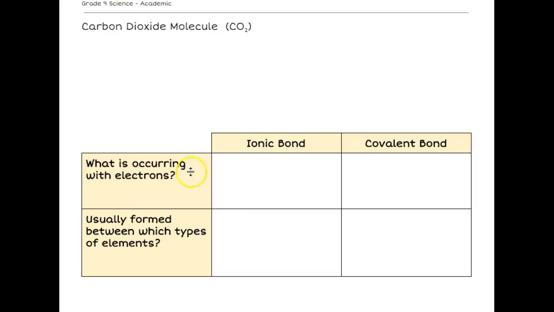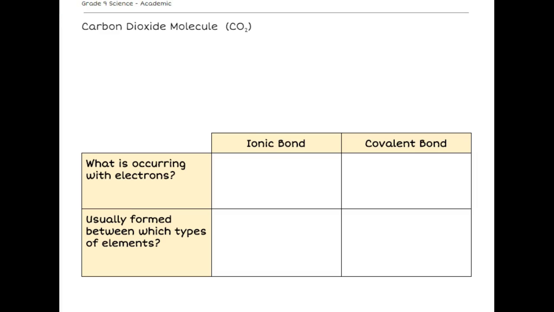Once you've done that, just to see where your understanding is, I want you to fill in the table that's in your note that looks like this. That describes what's going on with an ionic bond in terms of the electrons versus a covalent bond, and what types of elements typically form an ionic bond and which come together to form a covalent bond.